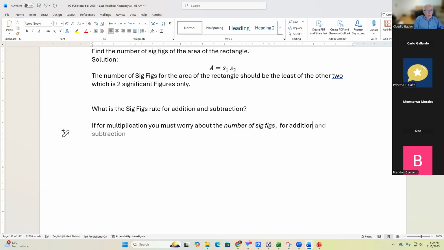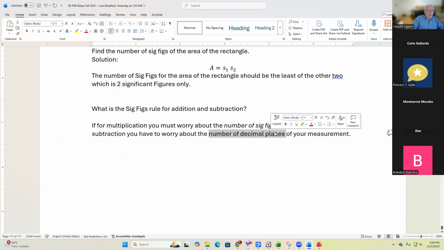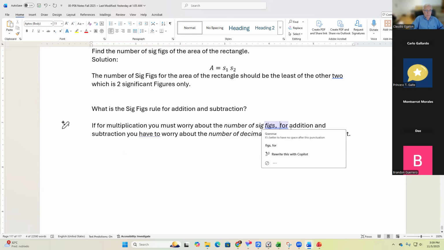For addition and subtraction, you have to worry about the number of decimal places of your measurement, okay? See the difference here? One, you consider the number of significant figures. The other, you have to consider the number of decimal places.